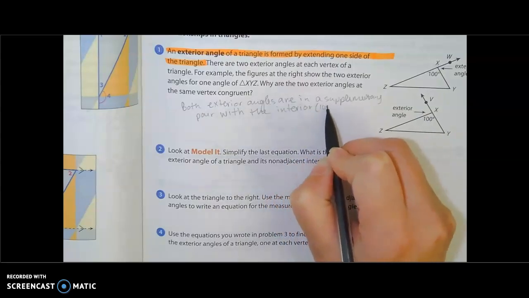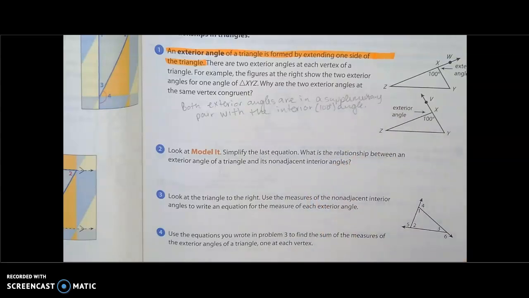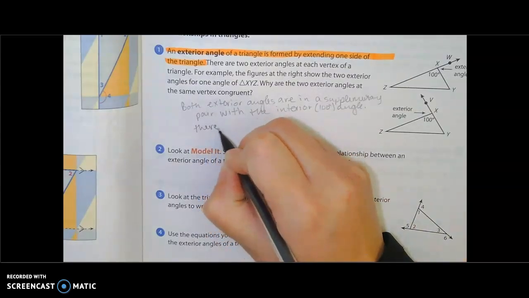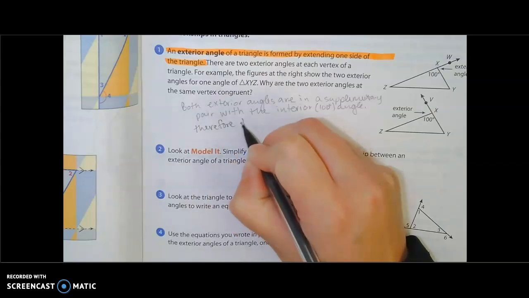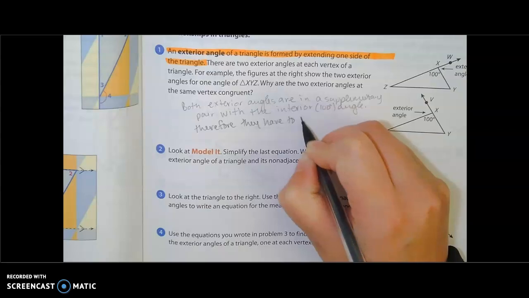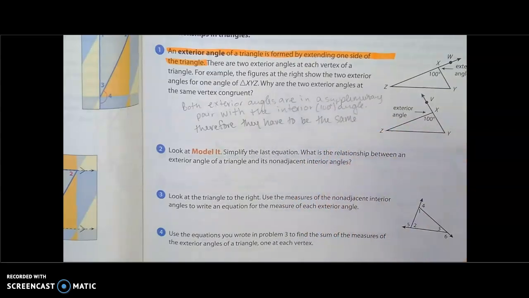I'm going to put the 100-degree angle. Therefore, they have to be the same. There's no way to get around it.